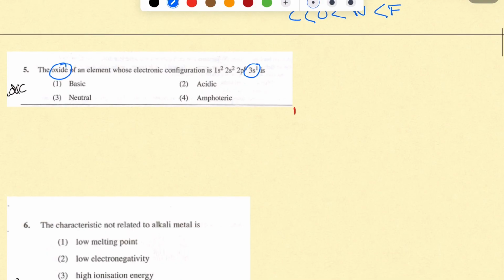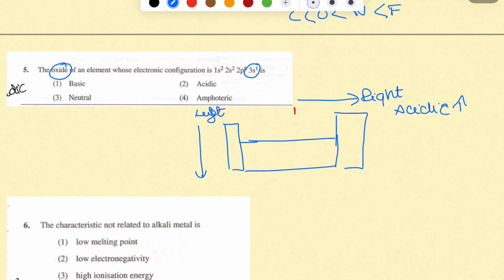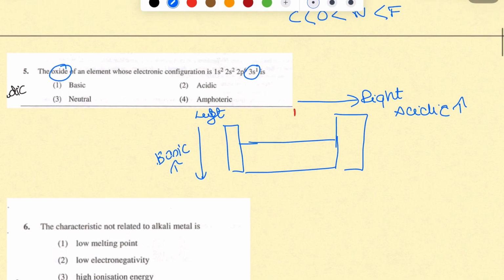Before that, in the periodic table, this is S block, then we have D block, then we have P block. When you move towards the right side of the periodic table, the acidic strength increases, and towards the left side or down the group, the basic nature increases. And if you see 1s2, 2s2, 2p6, 3s1, which element this configuration belongs to can be found out from where the electron is filled last.